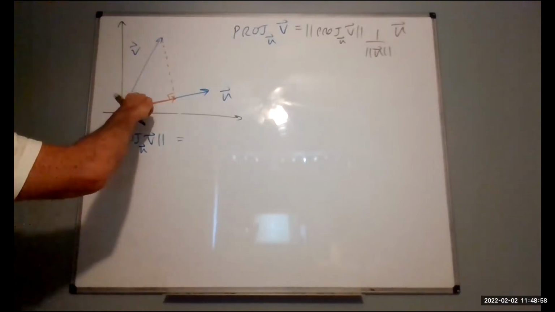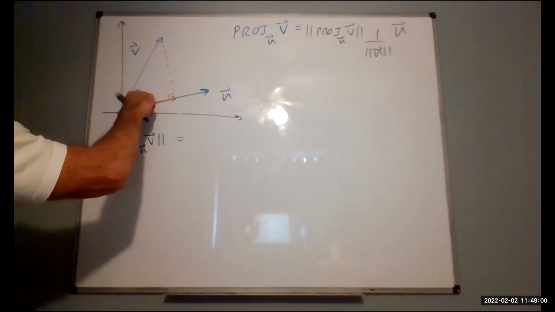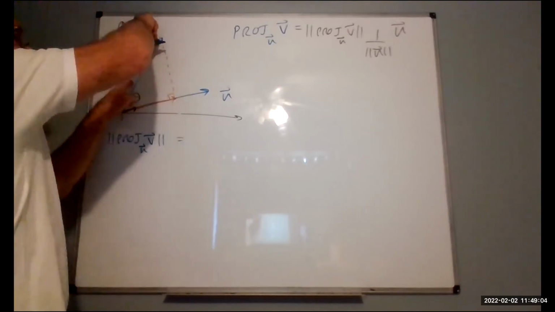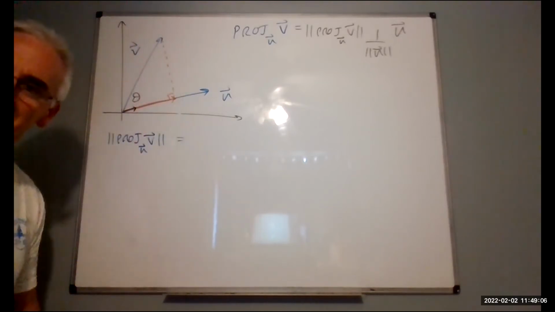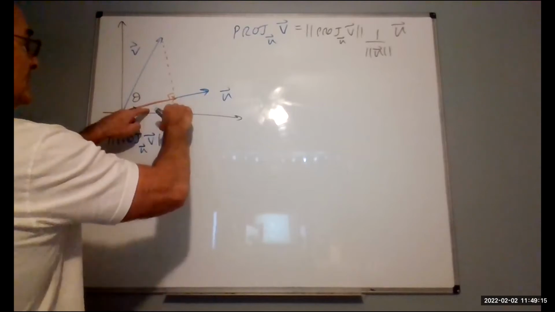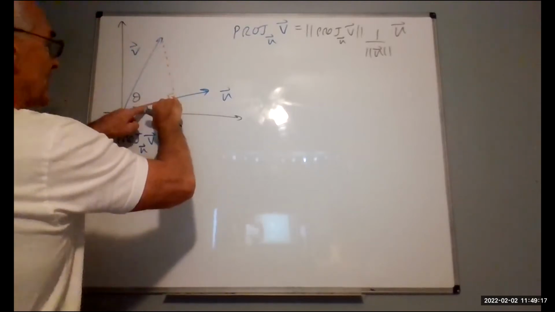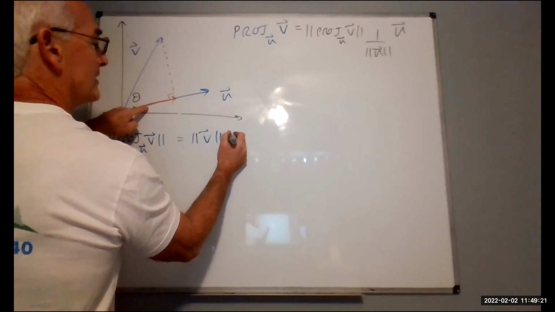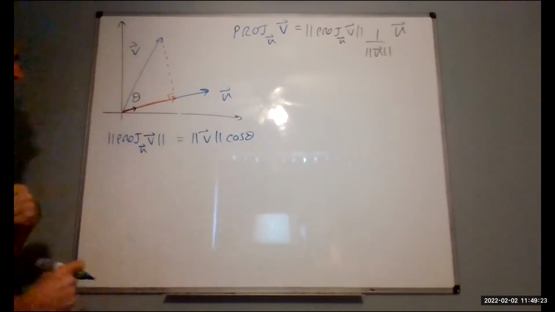Well, what's the cosine of theta? Wouldn't the cosine of theta be this length divided by this length? Yes. So if the cosine of theta is this length, which is the projection, divided by this length, then this length must be length V times the cosine of theta, correct?